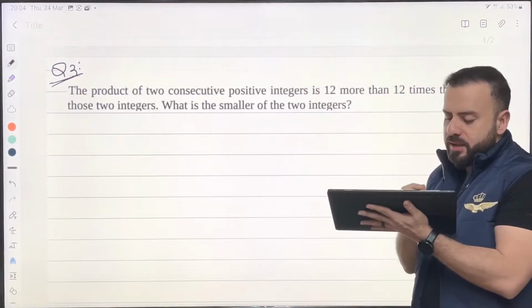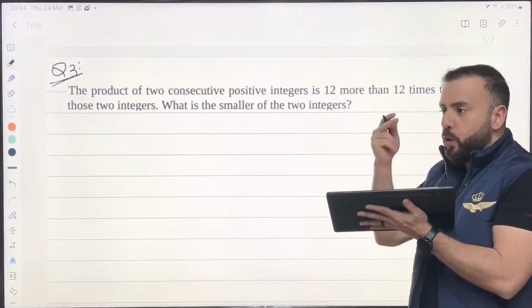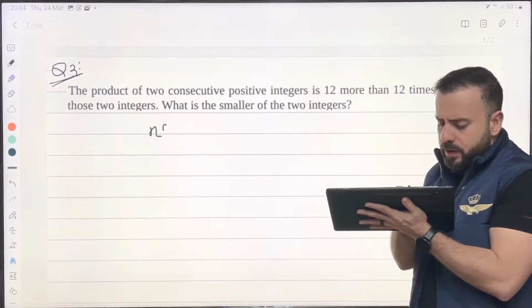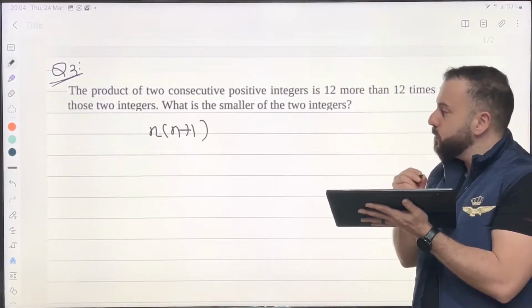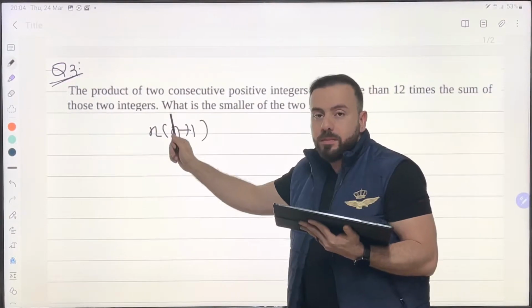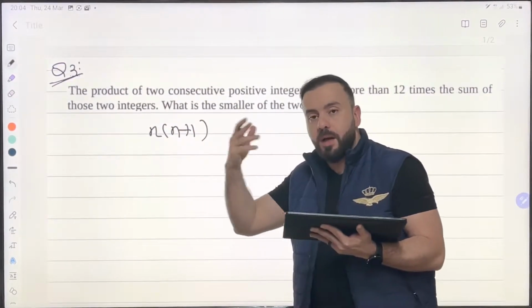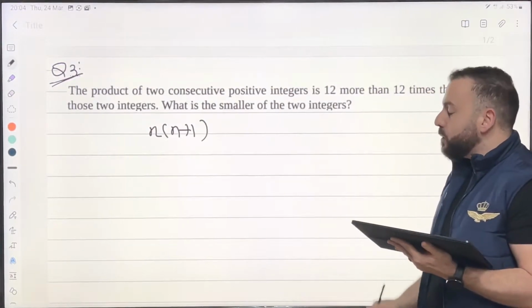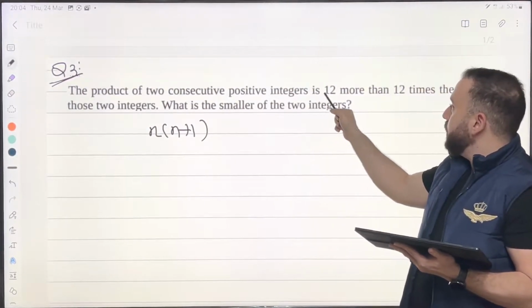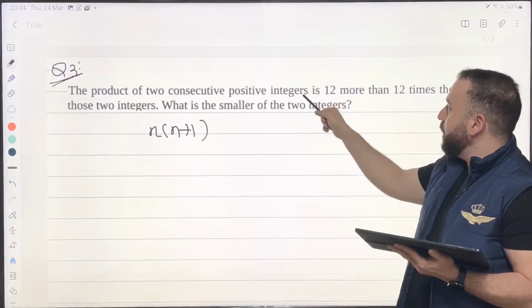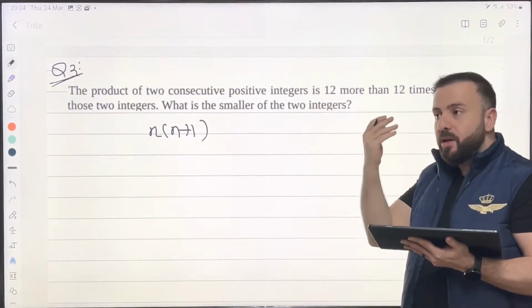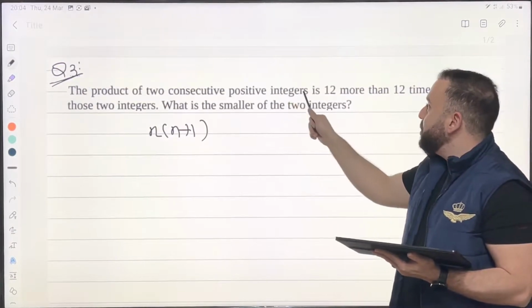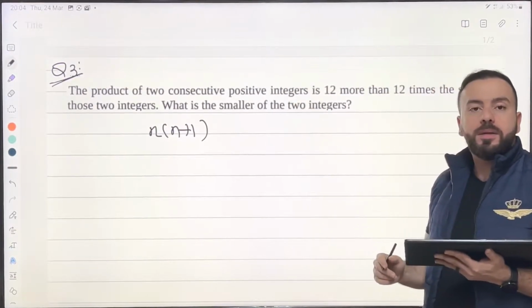Let's do it step by step. Two positive consecutive integers, that's going to be, let's call it n times n plus 1. The first one, the first integer, the second one is the other integer, which is like, as an example, 1 and 2. The sentence itself will show you how you can flip or change it to mathematics. So "is" means what?